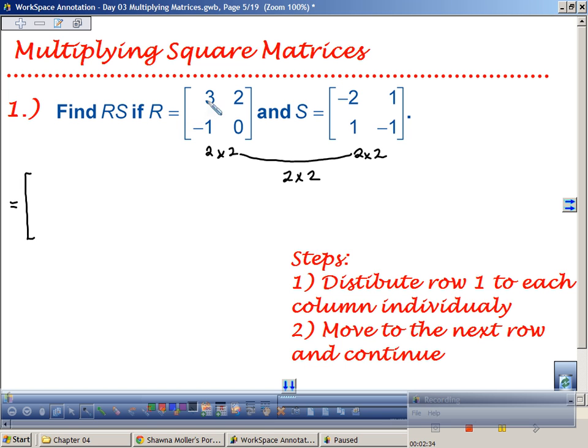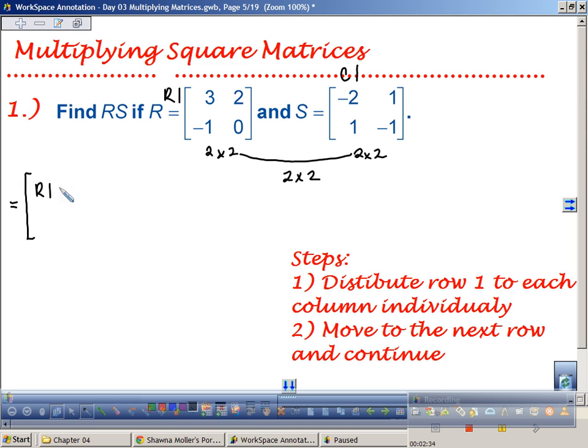So I'm going to multiply my first row, row 1, times my first column. So this is my first row, and this is my first column. Let's do row 1, column 1.